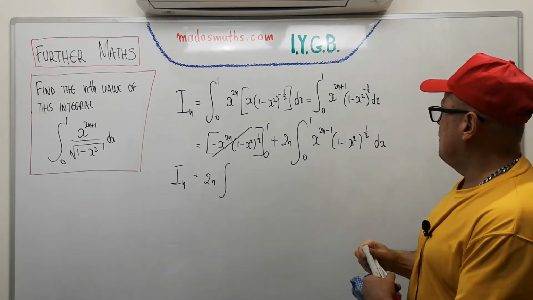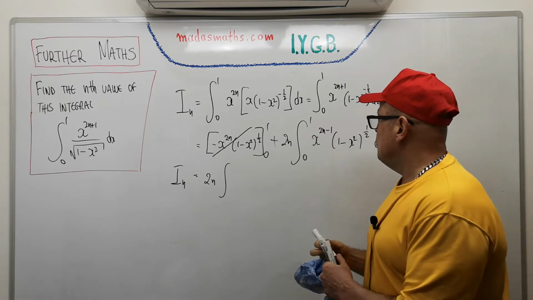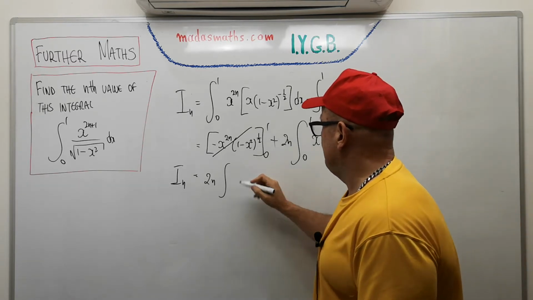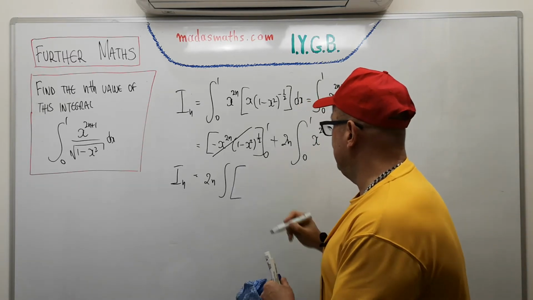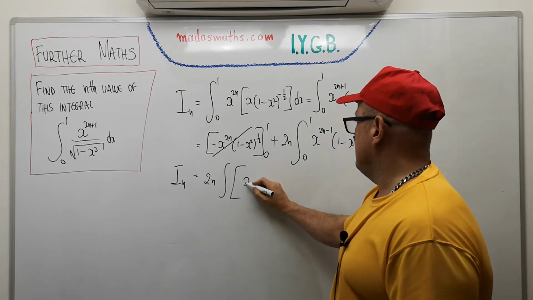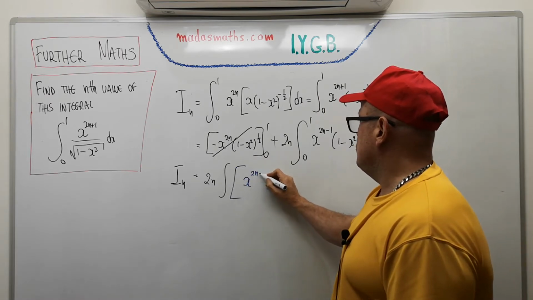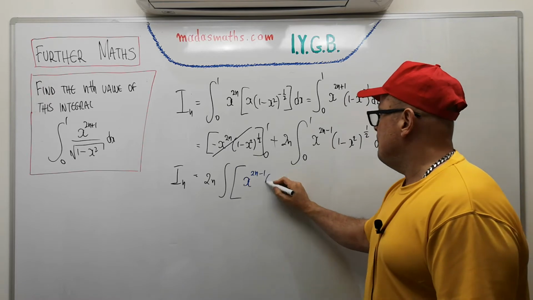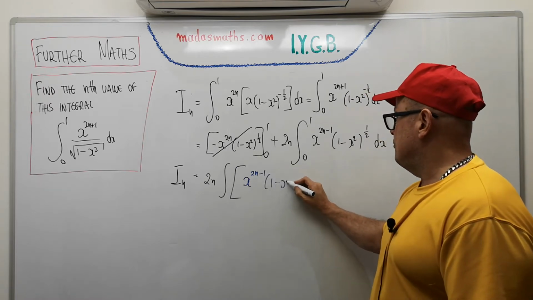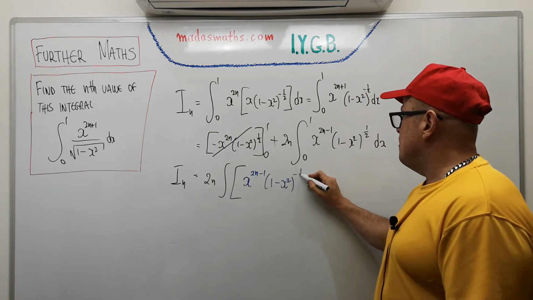The way we're going to deal with something like this is probably to write it as follows. I'm going to put a square bracket here. So I'm going to write inside the square bracket x^(2n-1) multiplied by the bracket that I'm after. The bracket that I'm after is to the power of minus a half.